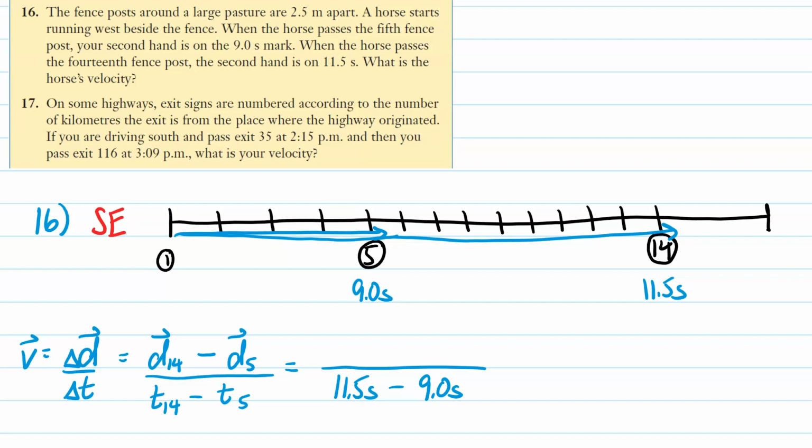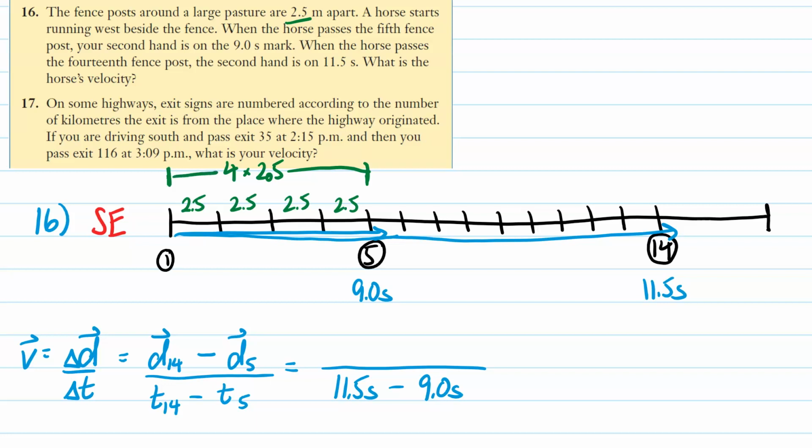But what about the positions? Well, remember, it said that the fence posts are 2.5 meters apart. So this is 2.5 meters, 2.5 meters, 2.5 meters, 2.5 meters. From the first fence post to the 5th fence post, you're going 2.5 meters 4 times, right? This is 4 times 2.5 meters.